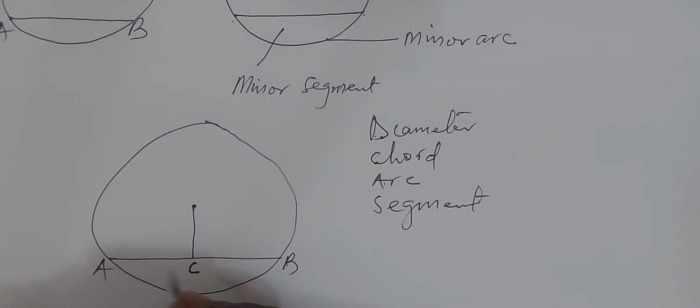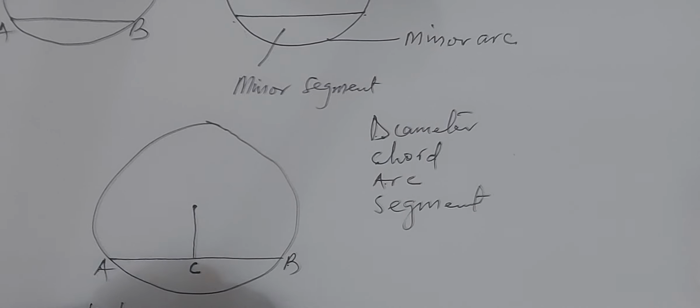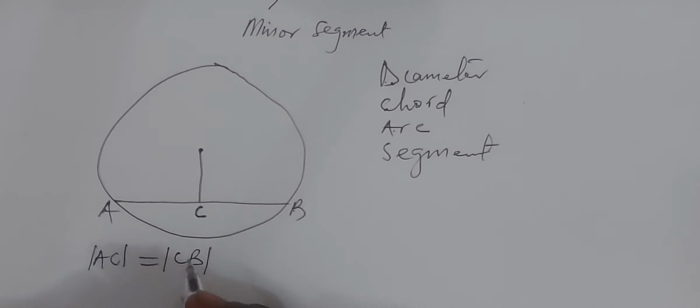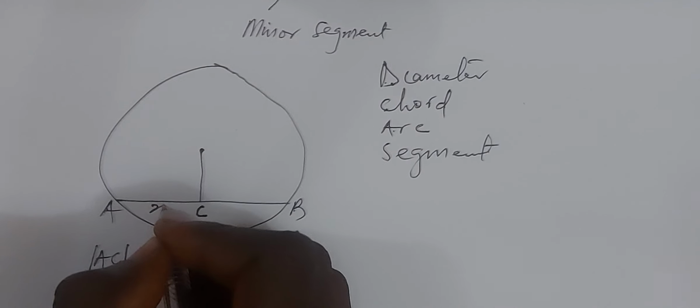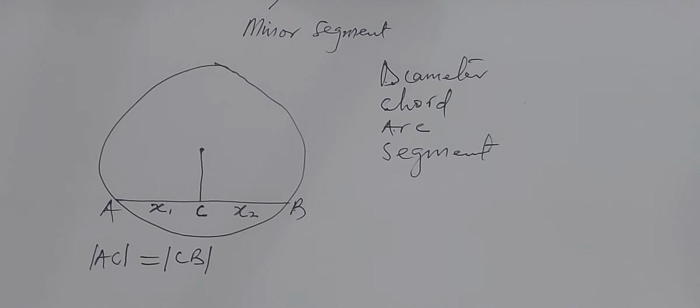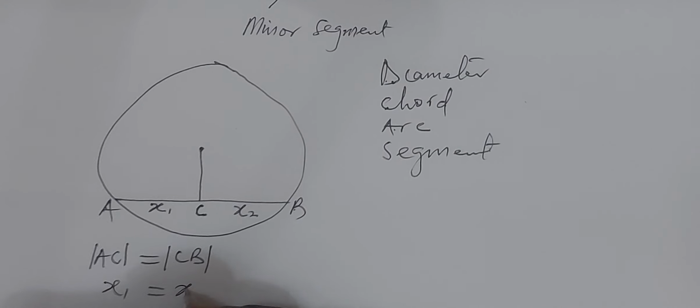For example, if we say AC, line AC is equal to line CB, or BC, you can call it. Okay? Therefore, if you have here X1 and X2, X1 is equal to X2.